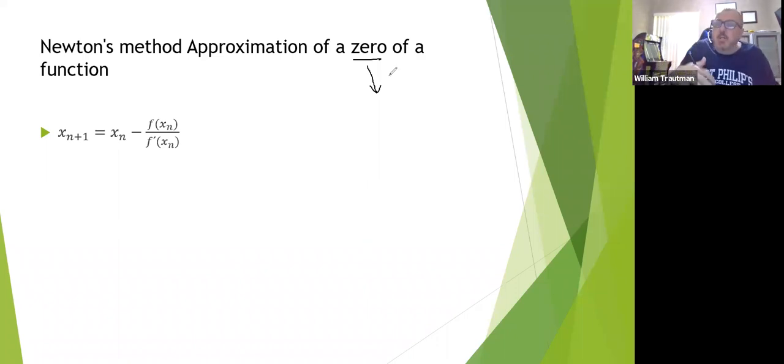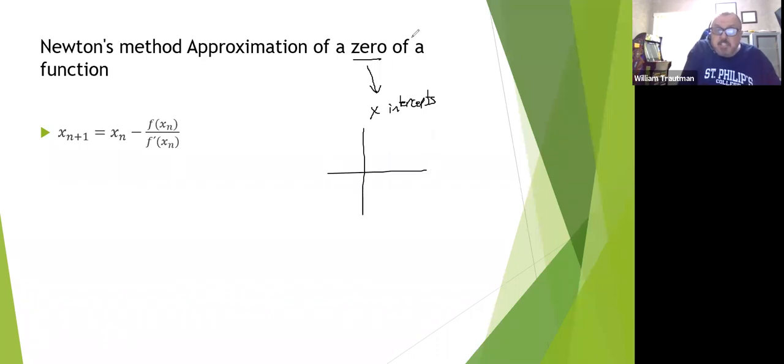I think you can call them roots also. I'd rather call them x-intercepts. Thank you, Yvette. They're actually the x-intercepts of the function. We call them zeros.